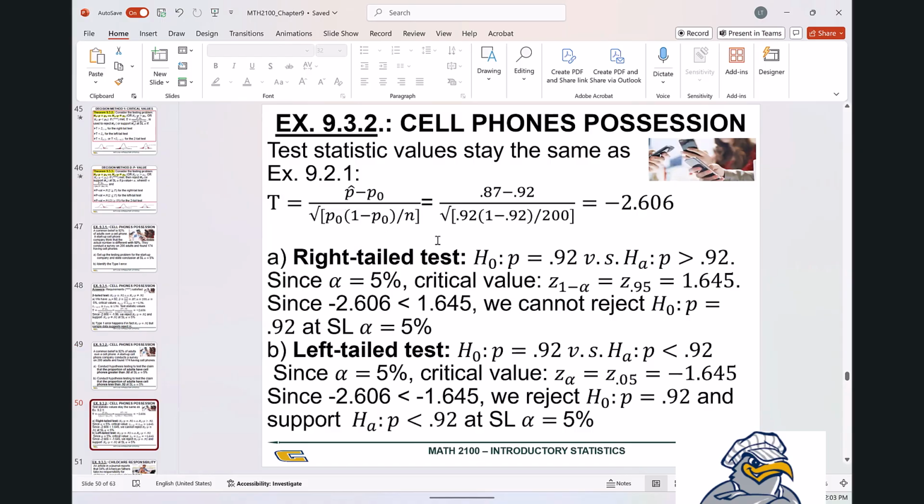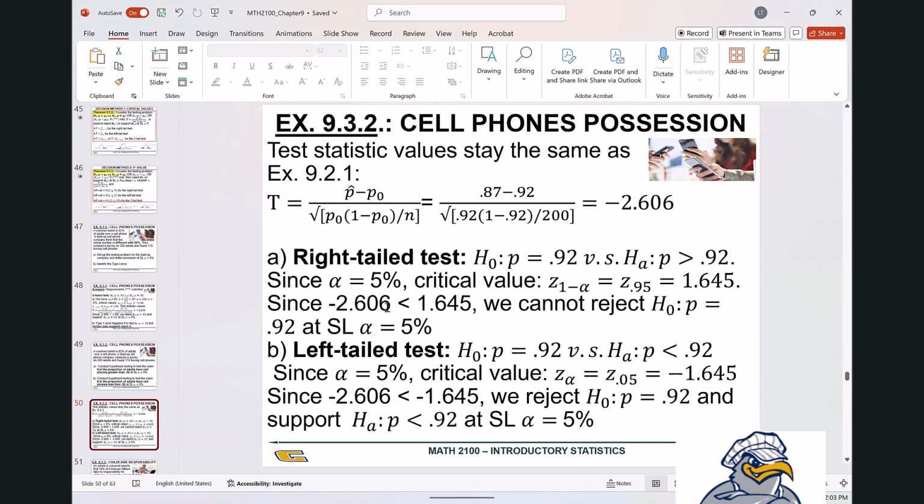Given that, the first case would be a right tail test, because they believe it's bigger than, right? And for the second case, it would be a left tail test because they believe it's less than. But it doesn't matter what they do, the test statistic will be the same, negative 2.606. The only thing that changes will be the decision, okay?